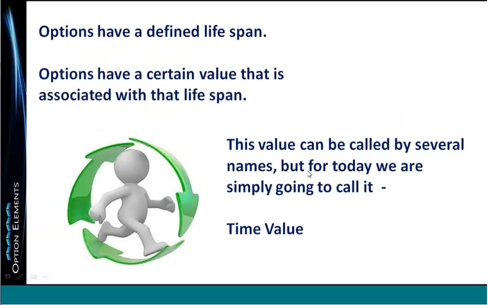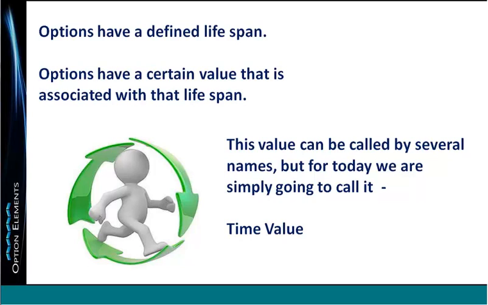Here's another reason, of course, we've mentioned this. Options have a defined life cycle. They also have a certain value that's associated with that life cycle. This value can be called by several names, but for today we're simply going to call it time value. It can also be called extrinsic value and some other things, but we're just going to call it by the simple name, time value.